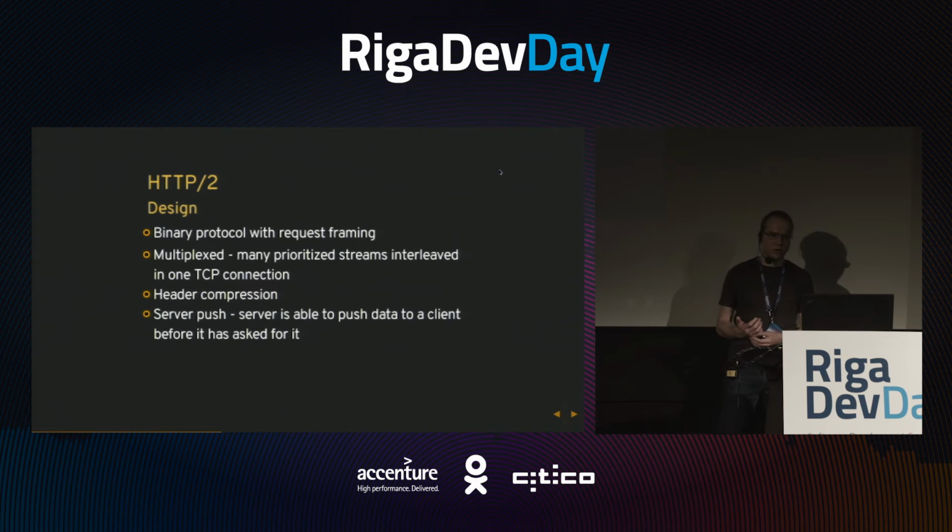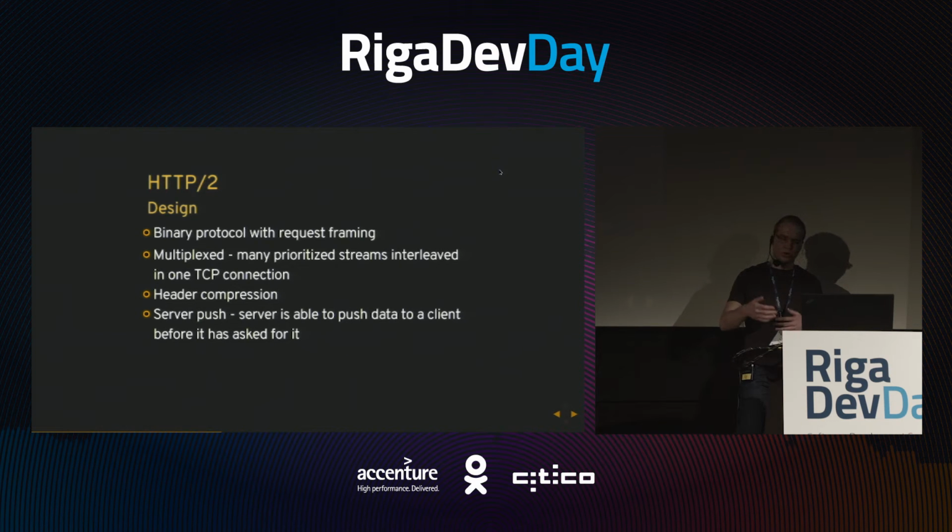Just to say it in a few words, till now HTTP was a clear text protocol that basically opened one TCP connection per one request. This is problematic in many ways. When you want to have concurrency, you have to open many TCP connections. It has its own problems.